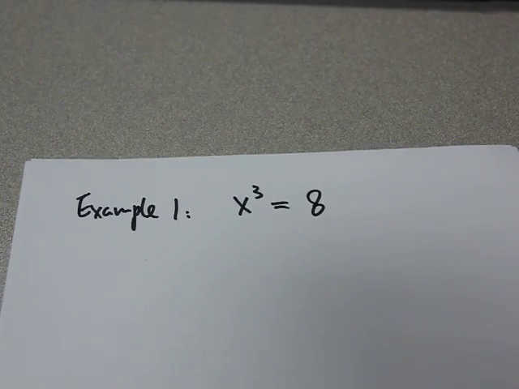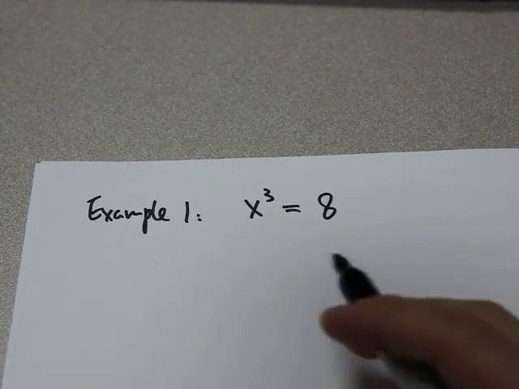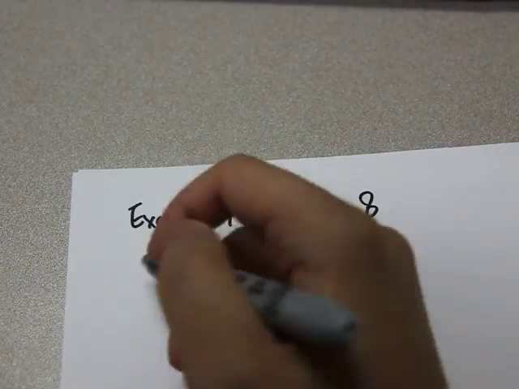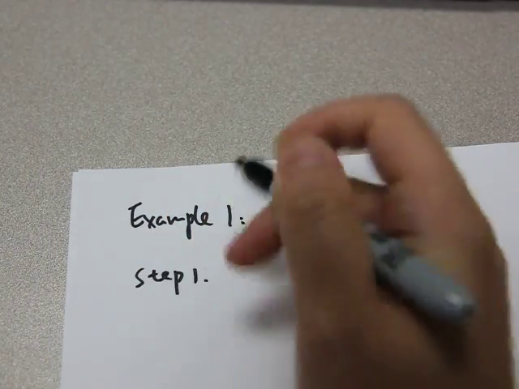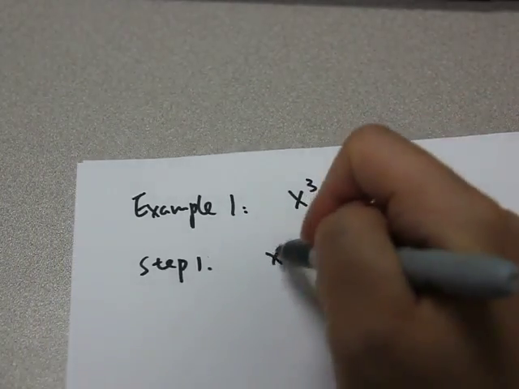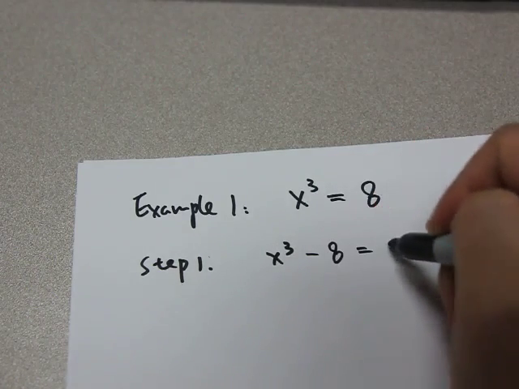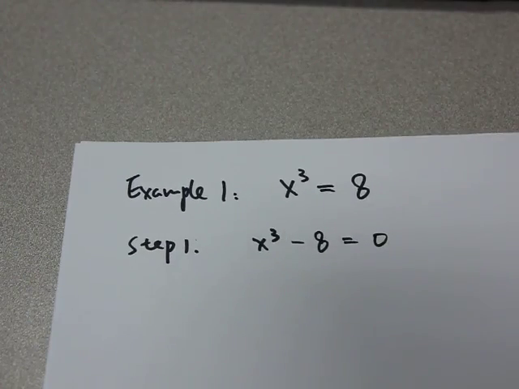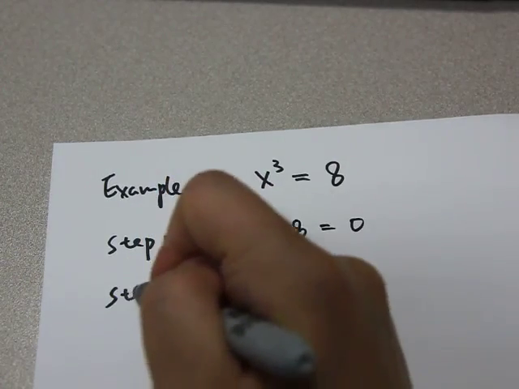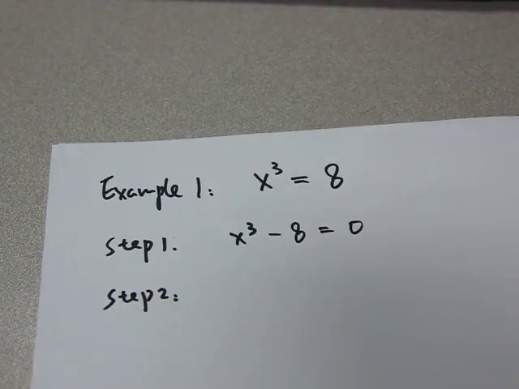Here we have an equation x to the third equals 8. Let me first do step 1, where I bring the 8 to the left. Step 1 is the easiest one.